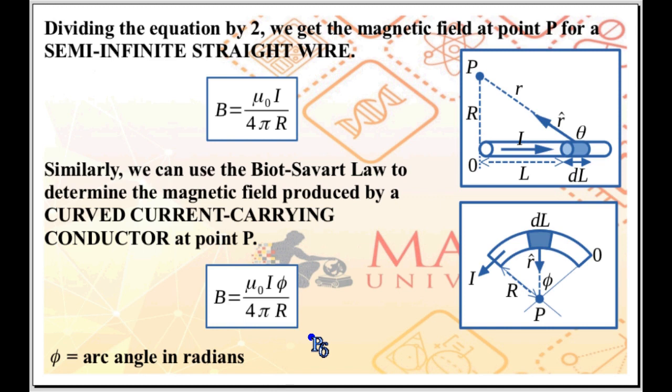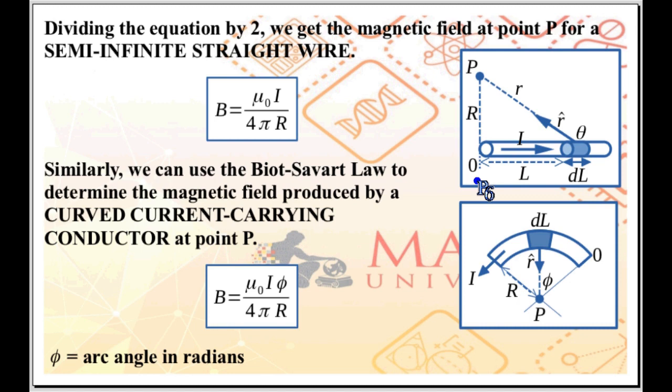Again, use the right-hand rule to determine the direction of the magnetic field at point P. I can't stress that enough. Please go back to your vector analysis, vector algebra, and please review your cross product, particularly the right-hand rule. Of course, for this situation, just like in the very long straight current-carrying conductor, you can use the right-hand rule that I had mentioned.